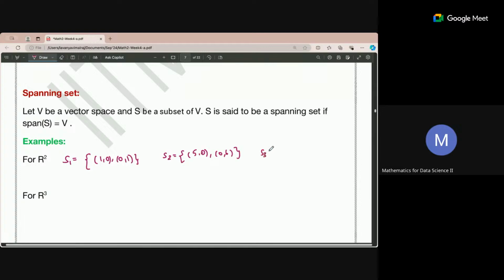Any other, apart from these? Maybe (1, 1) and (1, -1). We can also take three vectors, and the third vector can be the zero vector. Of course, you can do that.